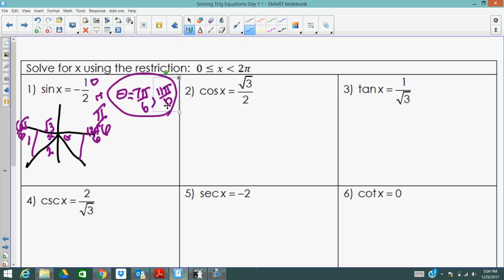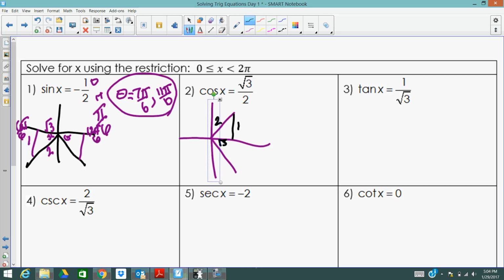Alright, cosine of x is square root of 3 over 2. So cosine is positive in quadrants 1 and 4. So let's draw our triangle. Cosine is adjacent over hypotenuse.